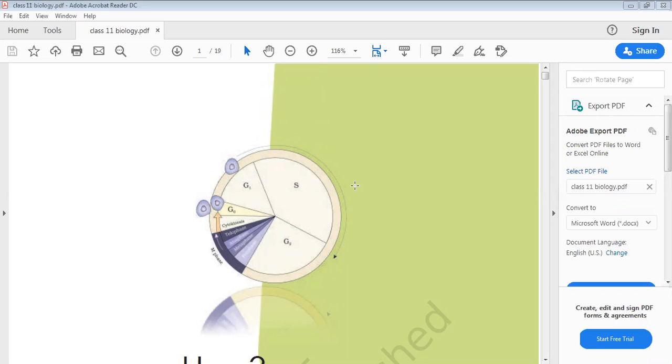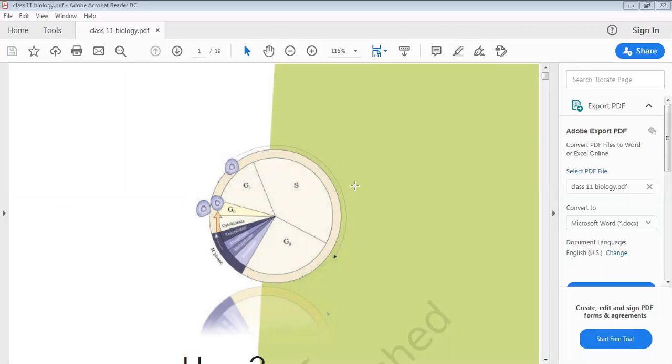We'll start with our third unit, that is chapter number 8, Cell, the unit of life. Hope you are aware of your new syllabus for the year 2020-21. Instead of starting with unit 1, we are beginning this session with unit 3, Cell: Structure and Function.